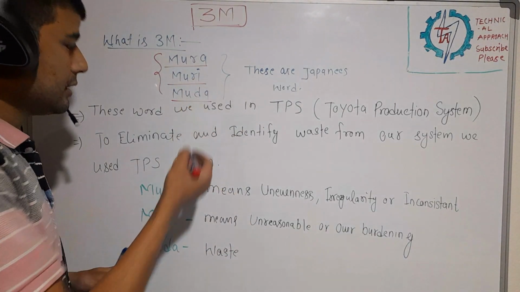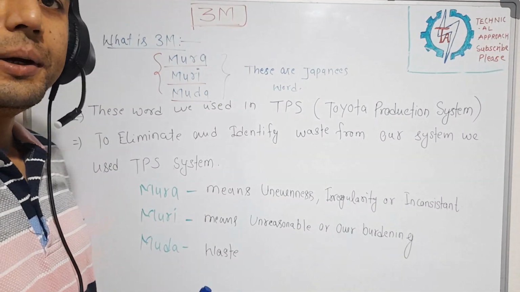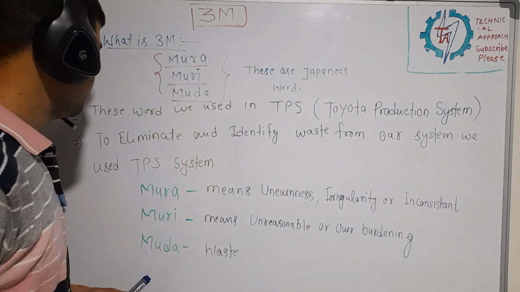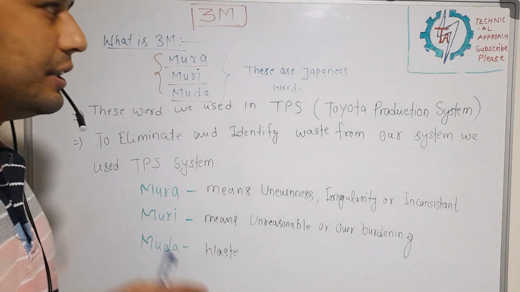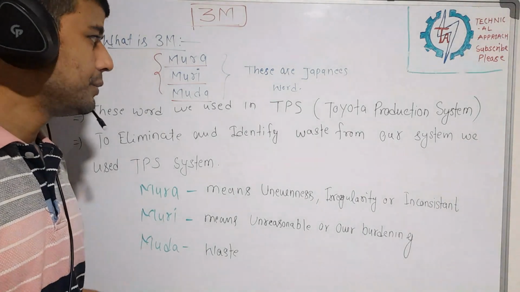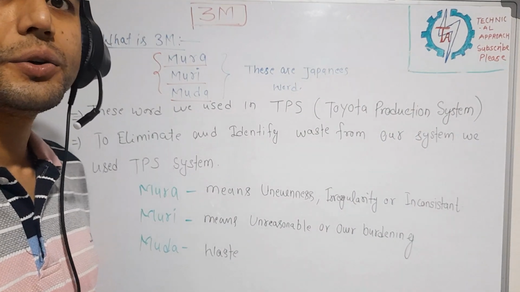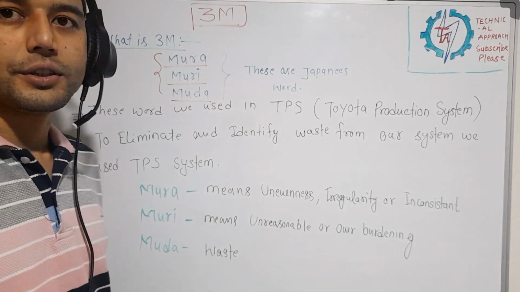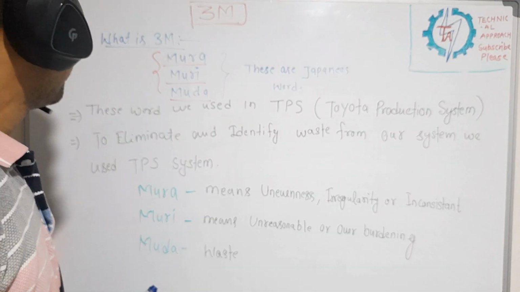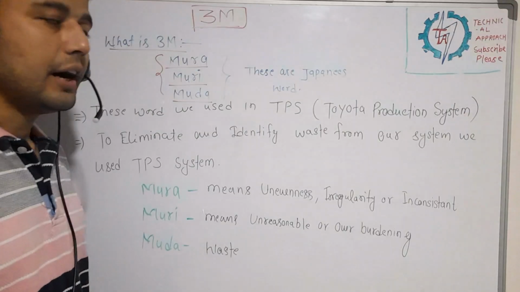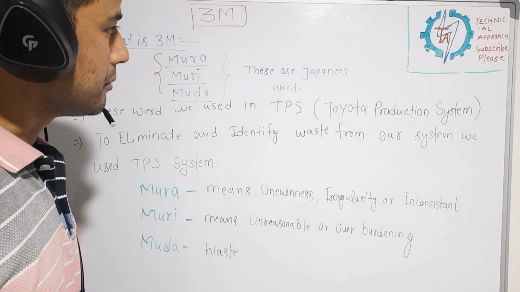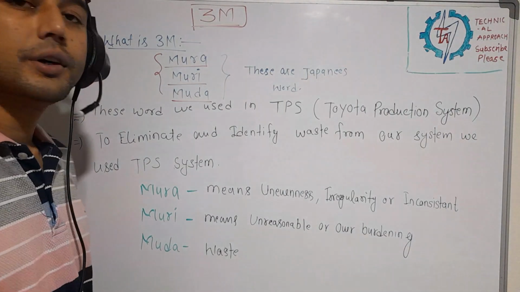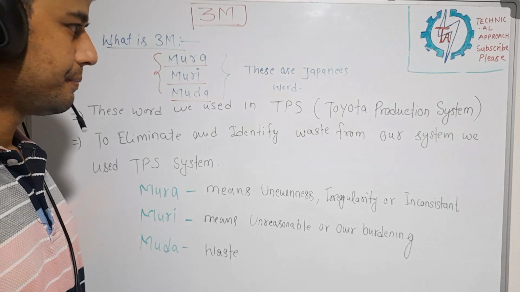Each and every word has different meanings. These words we use in TPS, Toyota Production System, to eliminate and identify waste from our system.